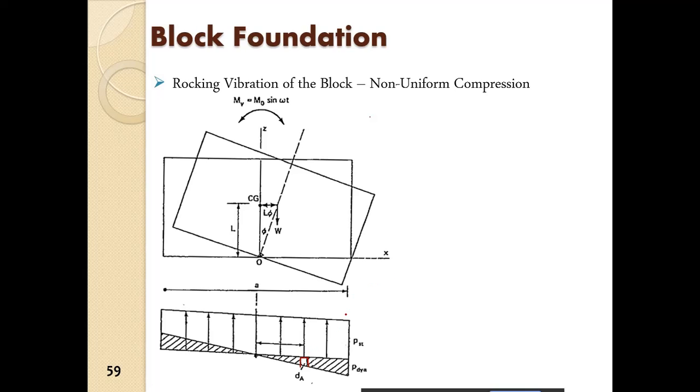We have the foundation here, and this is the axis of rotation about the point O. We have a strip here, dA, and at that point we have a reaction.